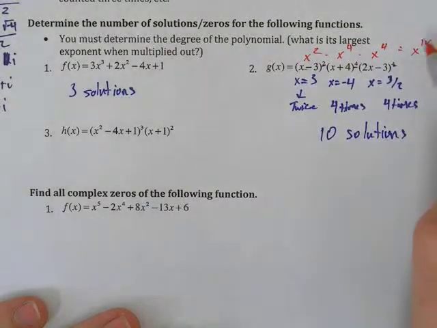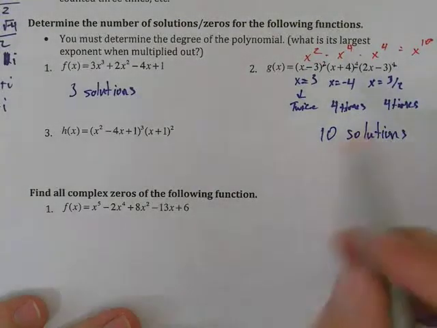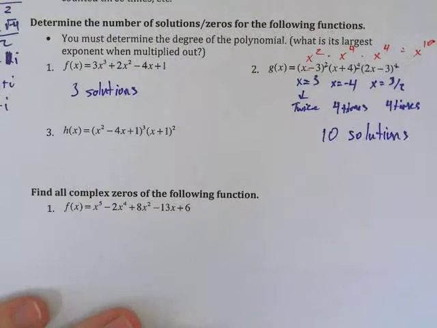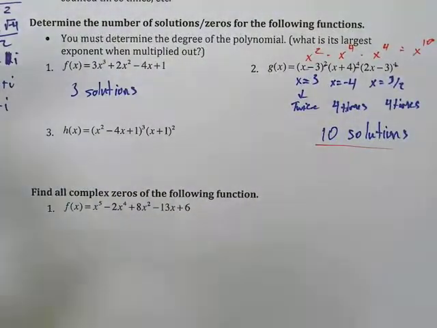So if you were to multiply the whole thing out, the highest term would be x to the 10th power. And as we know, that's the degree, so that tells us how many solutions there are going to be. So we get 10 solutions. Either way you want to think about it. All right, let's try the next one. Next one is probably the trickiest one. You have to figure out how many solutions there are to that.